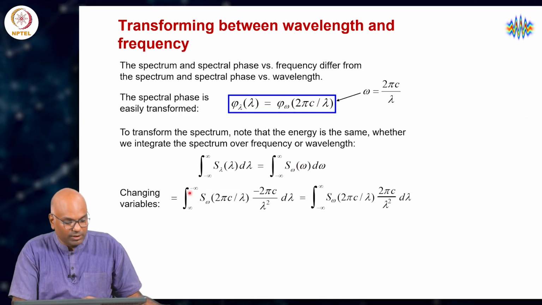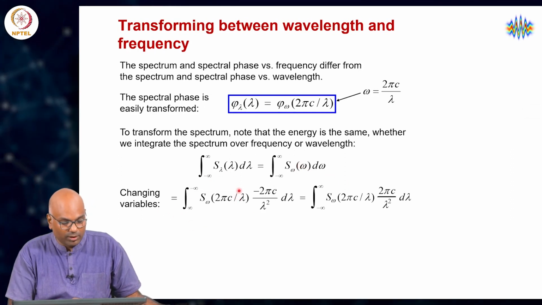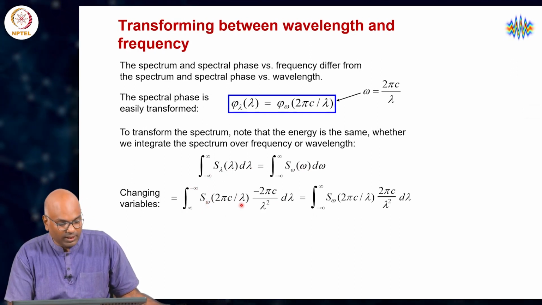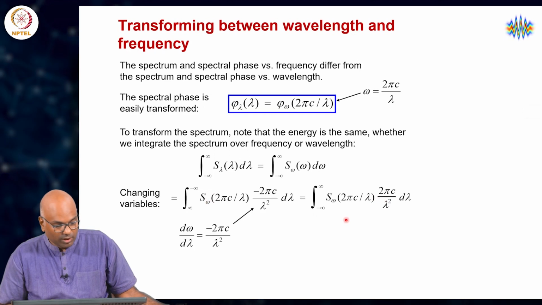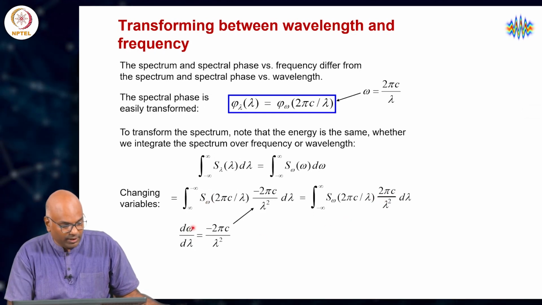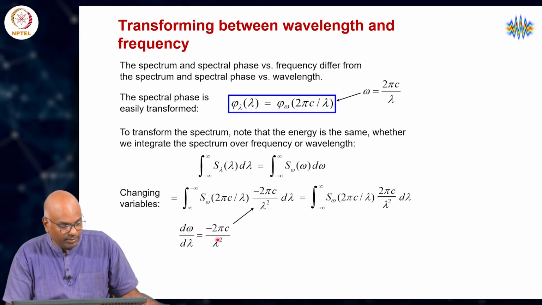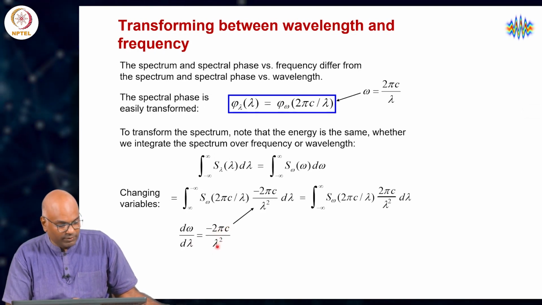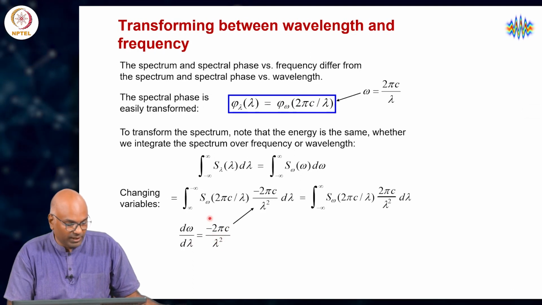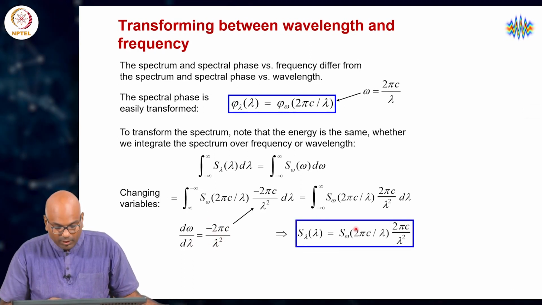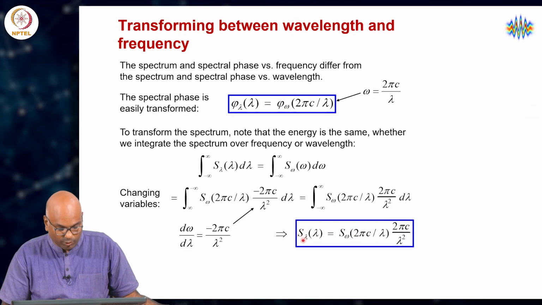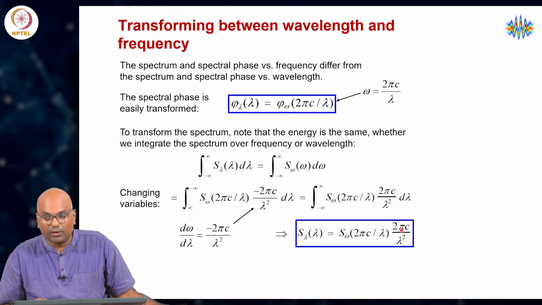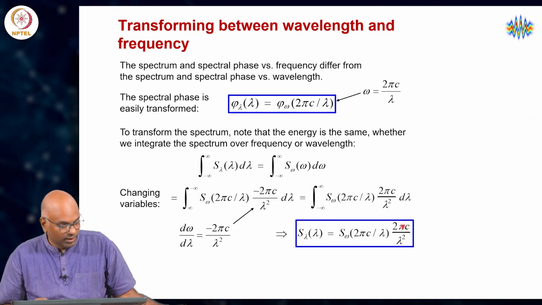So, in which case you essentially transform the variables on one of the sides and equate the integrands using the Jacobian, that is d omega by d lambda is minus 2 pi times c over lambda square, which is essentially owing to the fact that c is nu lambda, and you get the transformation between the two domains, S of lambda and S of omega, to be mediated by this factor 2 pi c divided by lambda square.